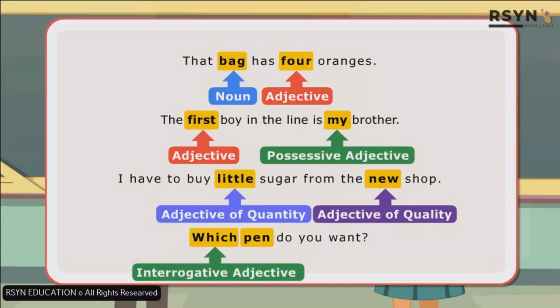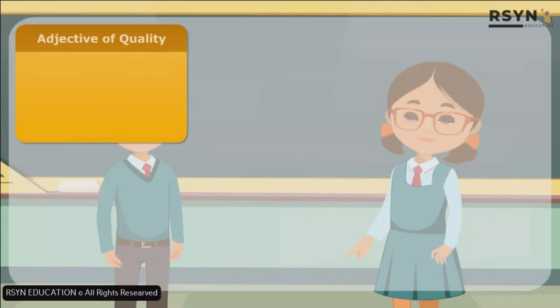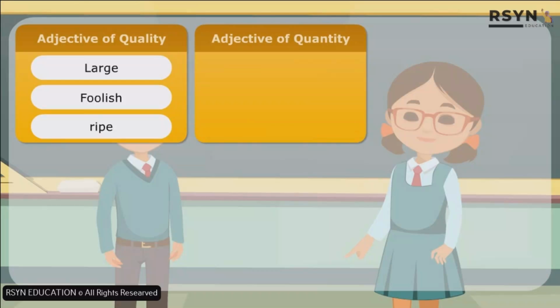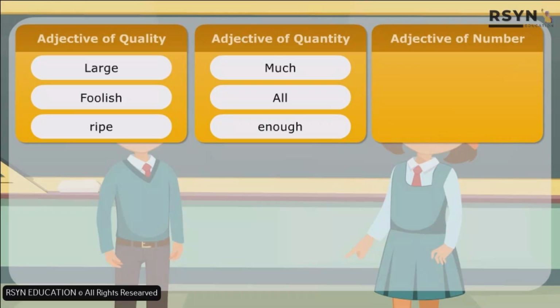Here is a list of some different kinds of adjectives. Adjective of quality: large, foolish, ripe. Adjective of quantity: much, all, enough. Adjective of number: 5, several, third.